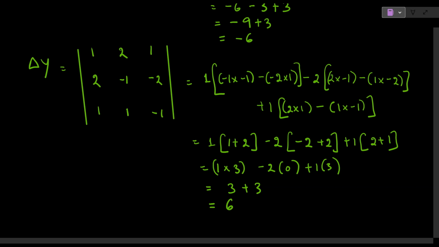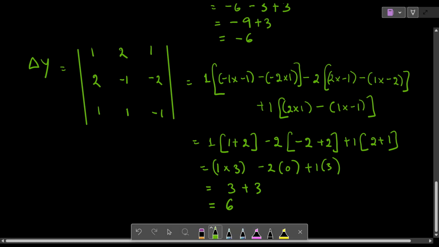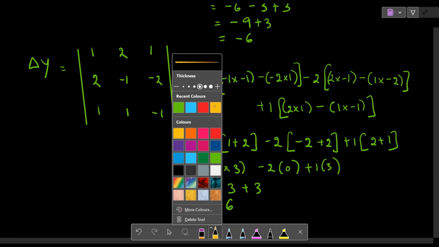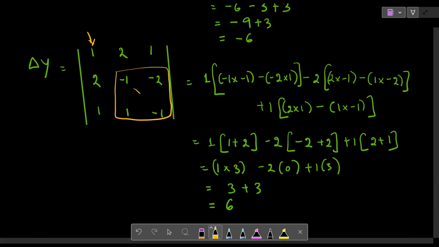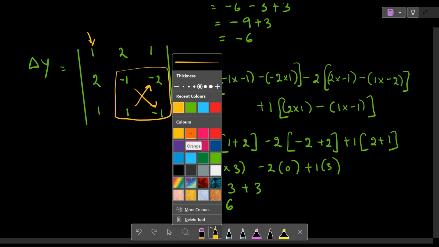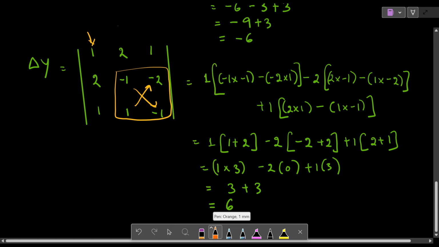Understood, students? Now let us find the value of delta z. So here once again I am explaining. Don't get confused here, students. So first we are taking 1, which means we have to take this determinant and do cross multiplication. Okay. And next we have to take minus 2.